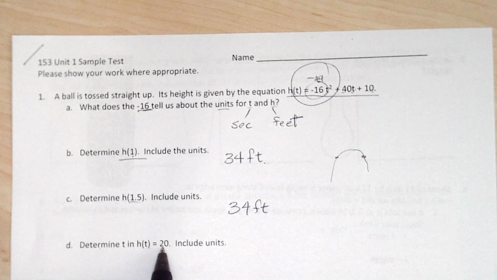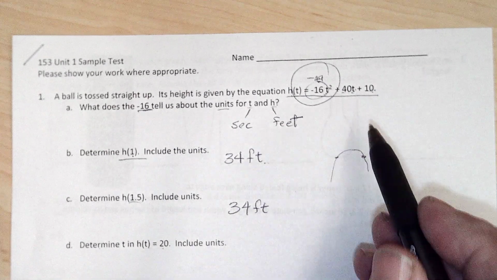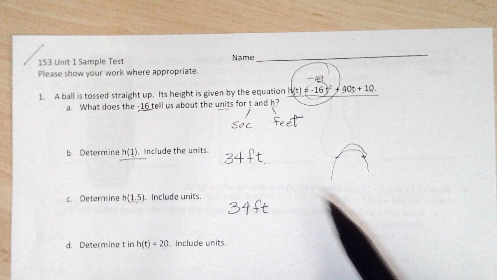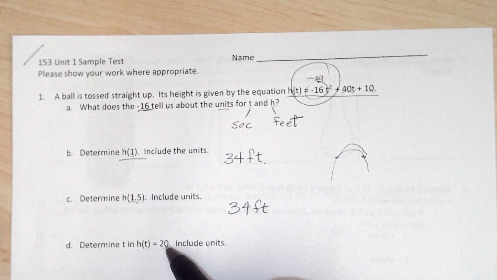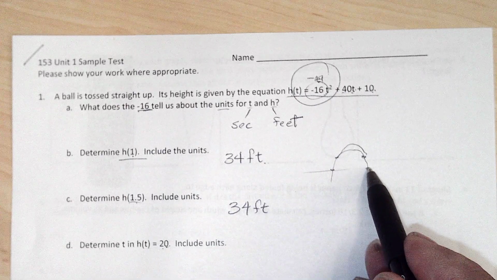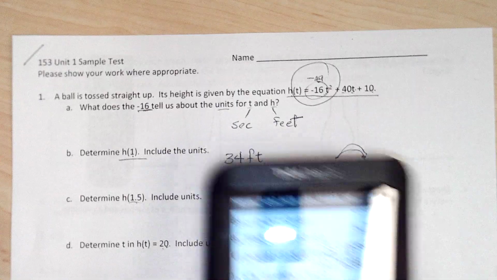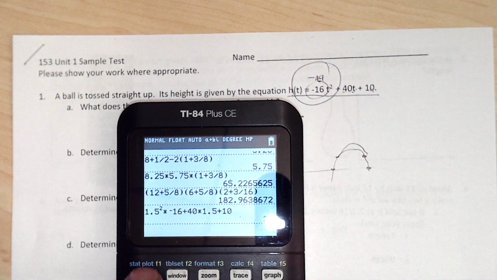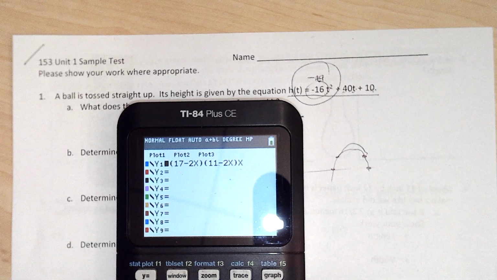And determine when the height was 20. Well, it must be somewhere between 1 and 1.5. No, it was before 1 second. It was at 20 before and after. And so we can actually solve this by graphing. I'll do it a couple ways here. So I don't want to do this equation.